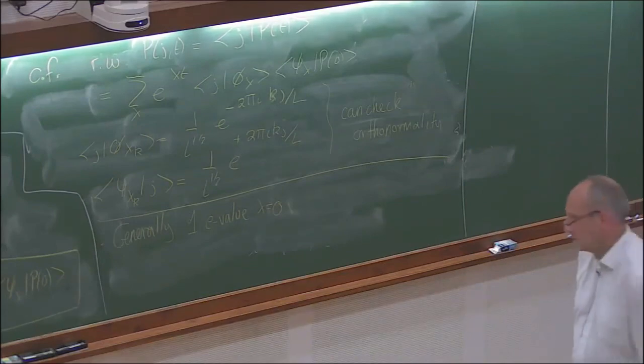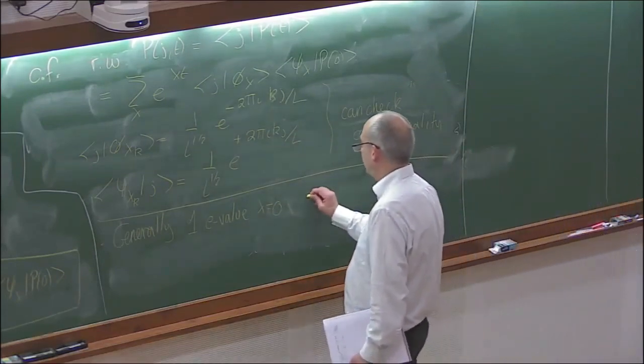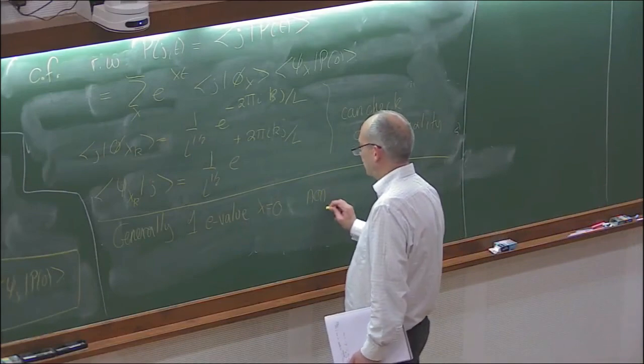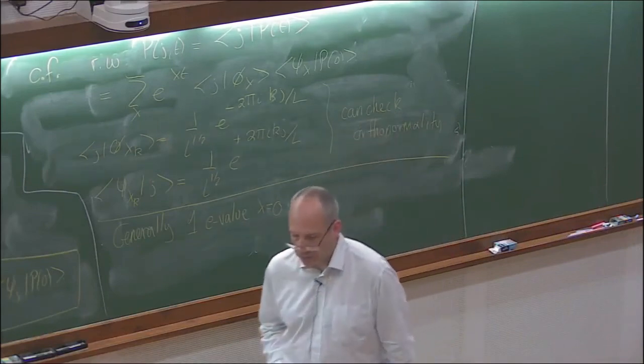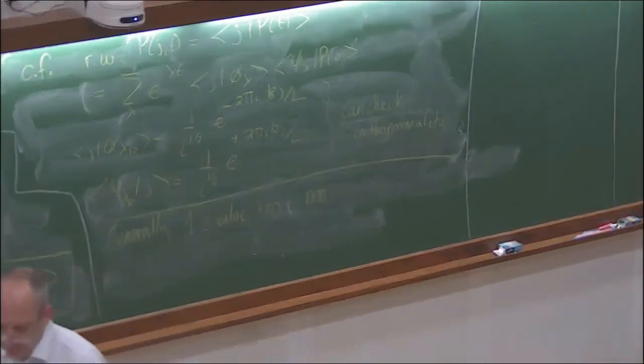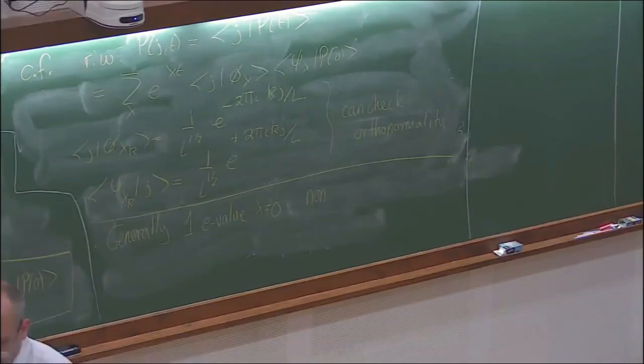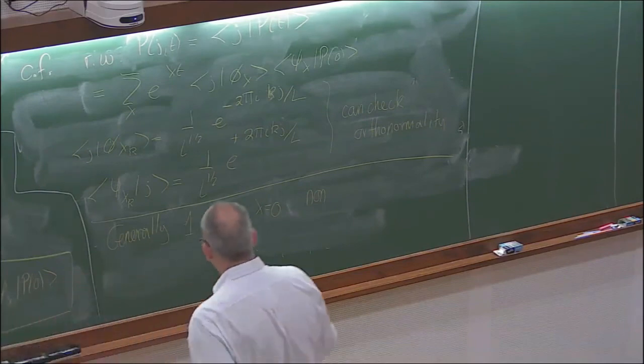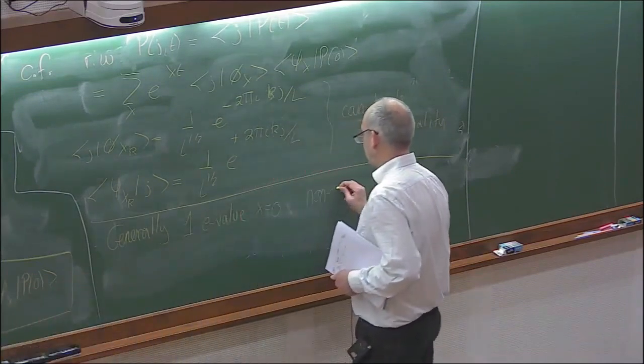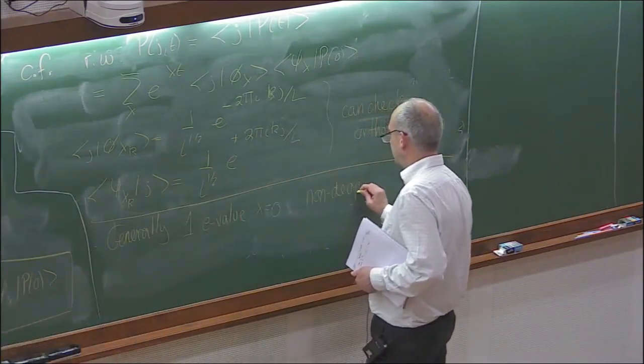And if our system is ergodic, by which I mean if we can go from one configuration to any other through some sequence of transitions, then this eigenvalue is non-degenerate, and there's a unique stationary state.